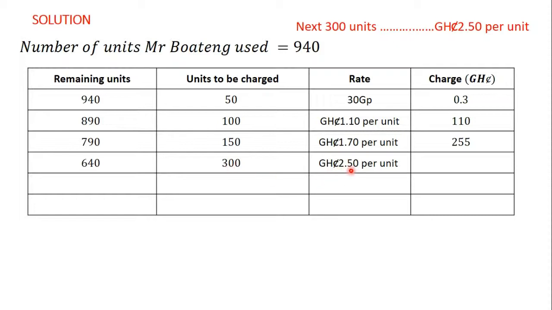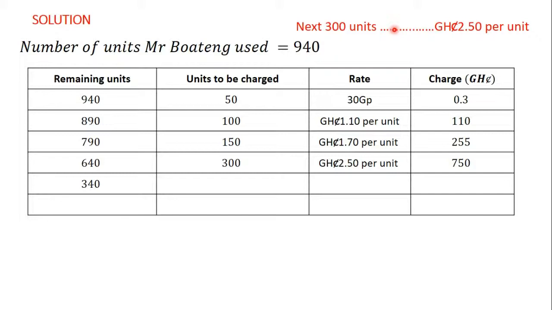So 2.50 times 300, and that will give us 750 Ghana cedis. We move on to the next group. The remaining unit is 640 minus 300, and this will give us 340.